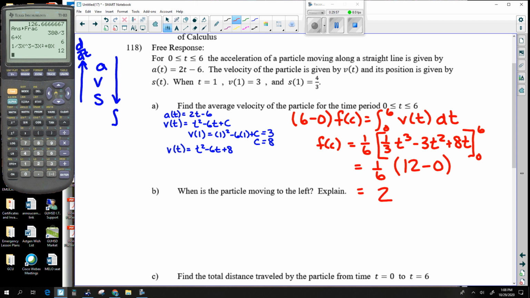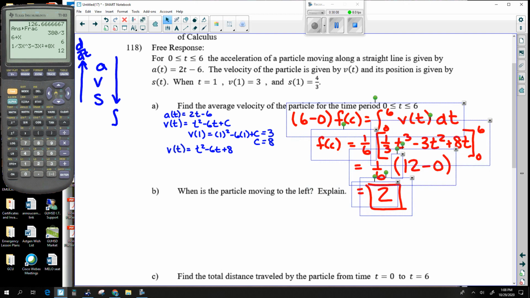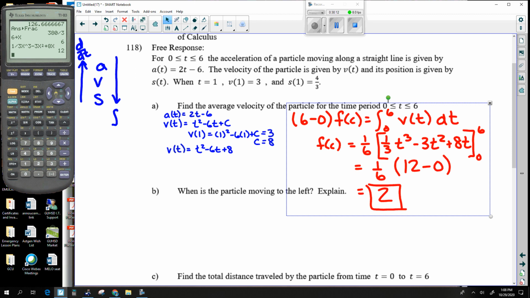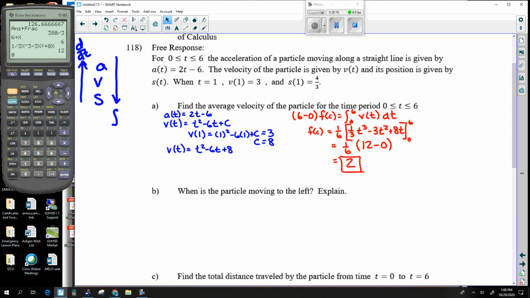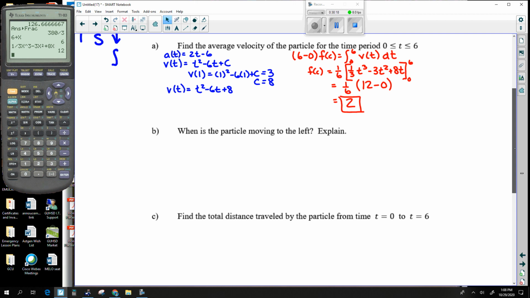So the average velocity in this situation, I don't think they give me any units, so I'll just say generically is equal to 2 units per unit time. So that's my average velocity.